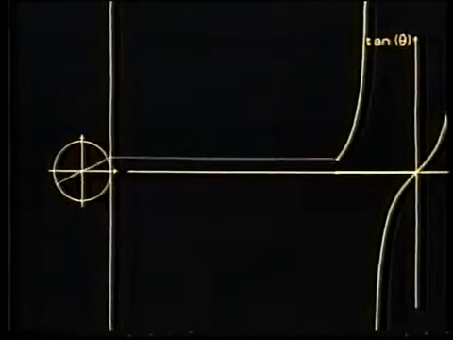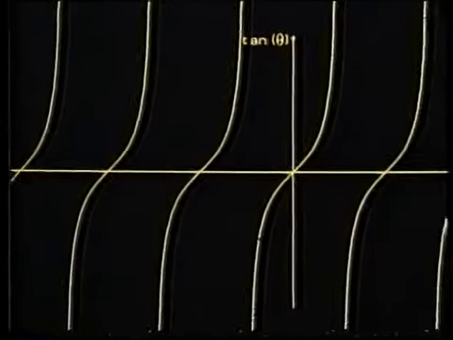And for negative theta, we rotate the opposite way. We've drawn a small section of the graph for tan theta, and the graph continues repeating itself indefinitely in both directions.